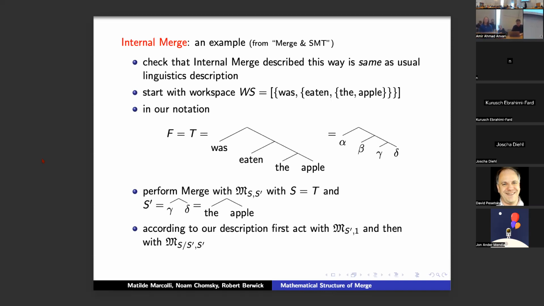Now we want to do the movement, so we will take the apple out and merge it. So we want to do this merge with these two objects. I think of this as first taking out this accessible term and then merging it with the remaining part, this composition.